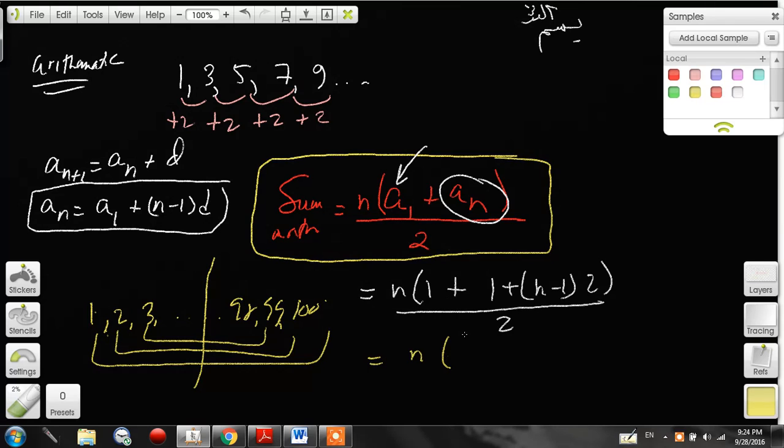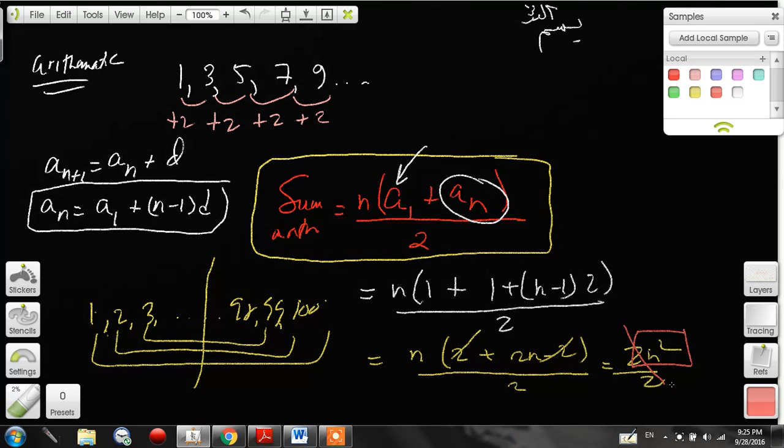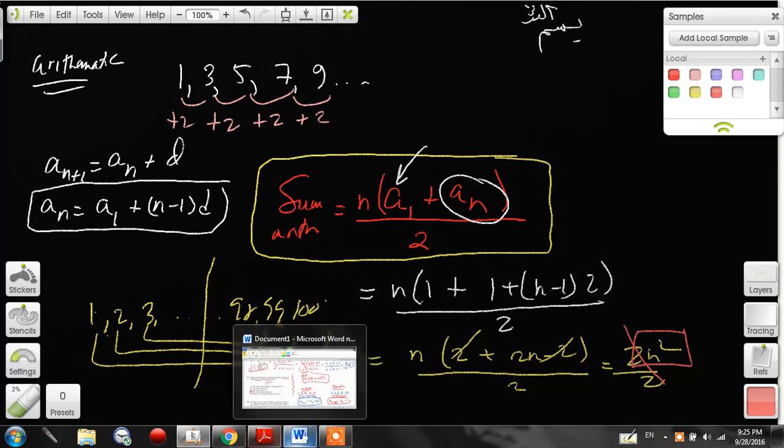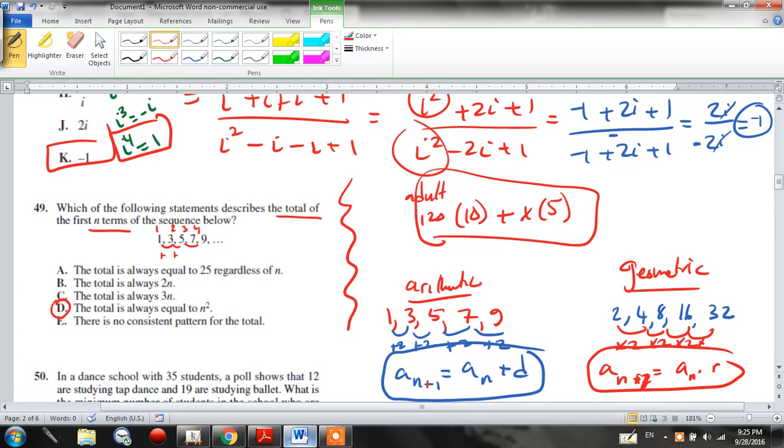So this becomes 1 plus 1, which is 2, plus, and distribute that, 2n minus 2 over 2. So those cancel out. So that becomes 2, and this is just n squared over 2, and this ends up being n squared. So the answer to this question is n squared.